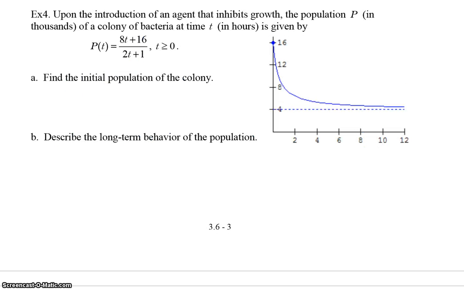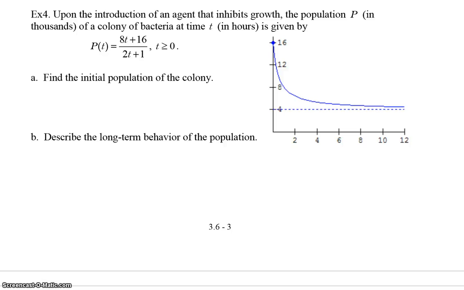Now a quick application of rational functions and horizontal asymptotes. Example 4 says, upon the introduction of an agent that inhibits growth, the population p in thousands of a colony of bacteria at time t in hours is given by p of t equals 8t plus 16 over 2t plus 1, where t is greater than or equal to 0.